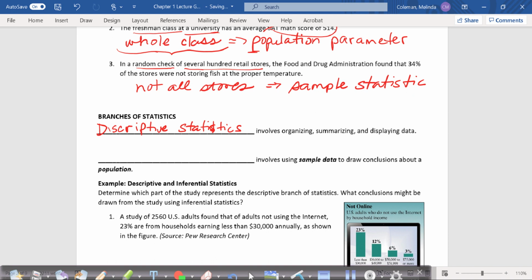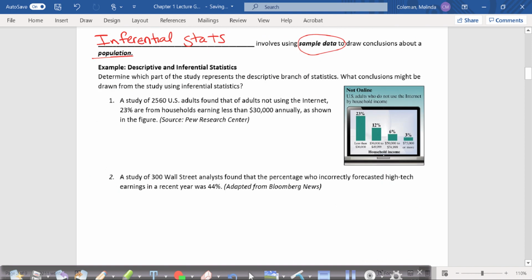Whereas inferential statistics involves using sample data to draw conclusions about a population. So oftentimes, because we have just a sample and we want to draw conclusions about a population, inferential statistics will be used.